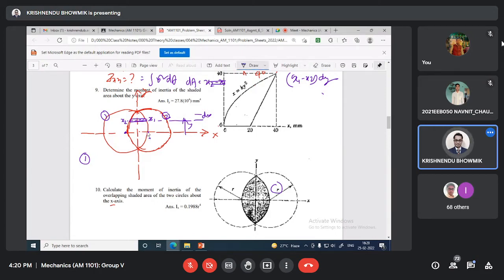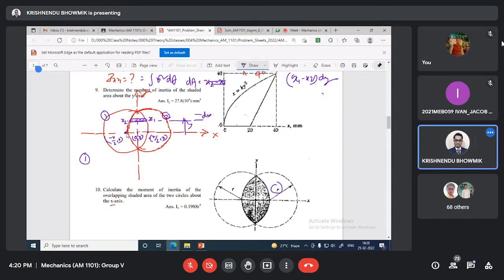Okay, let me concentrate on this one. First of all, this point is (0, 0), and this point is x equal to r by 2 comma 0. And this one is minus r by 2 comma 0.